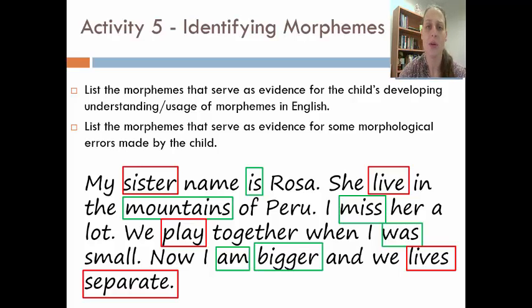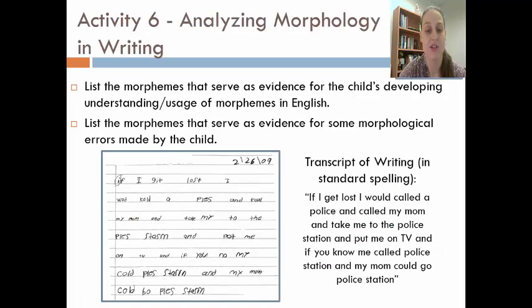Okay, so hopefully that made sense to you, and it also was an example of how you can talk about these different morphemes. I'm going to present to you an actual sample of a child's writing. This is closer to what you would be seeing for your linguistics project. And right now I would encourage you to go through the same process and find evidence for the child's developing understanding, and also evidence that serves as some of the errors that the child made.